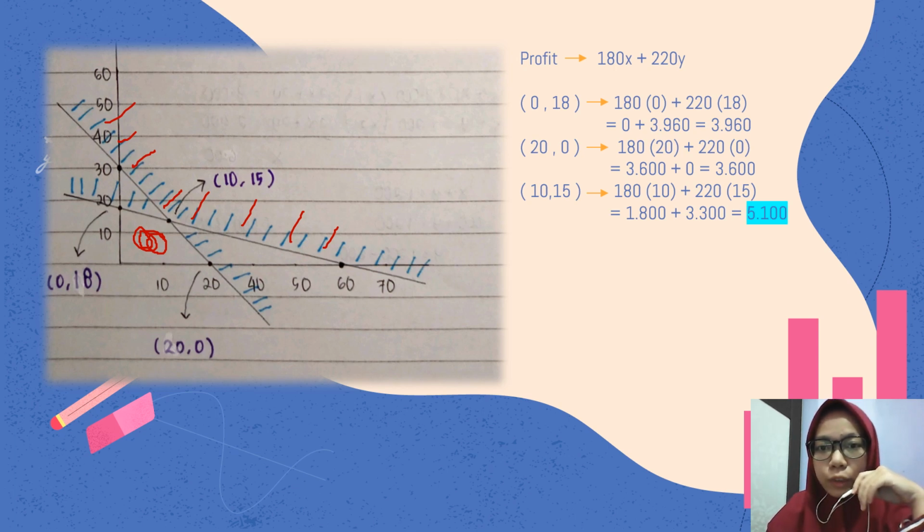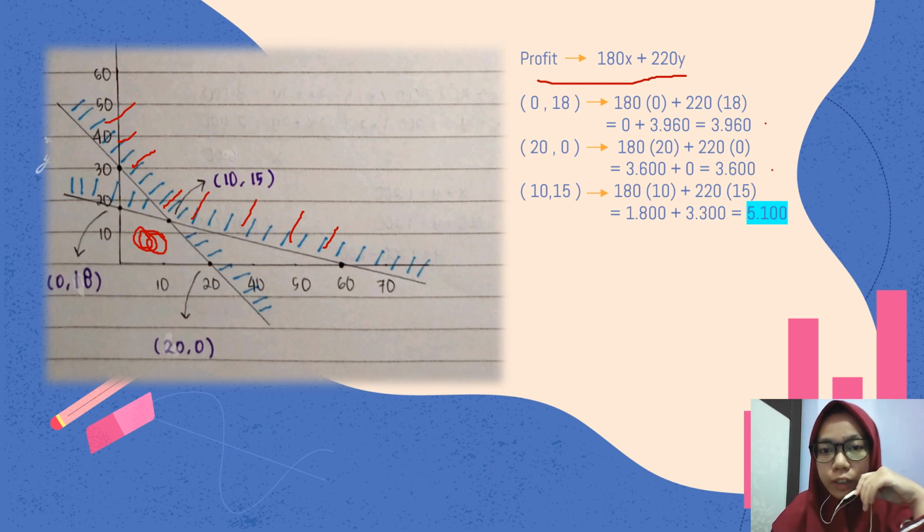And then we put them into the profit equation, 180x plus 220y. If the corner is (0, 18), the profit is 3,960. If the corner is (20, 0), the profit is 3,600.